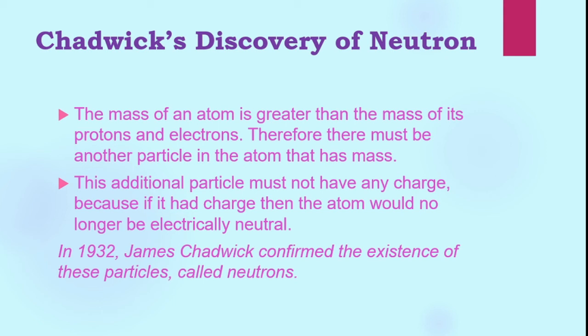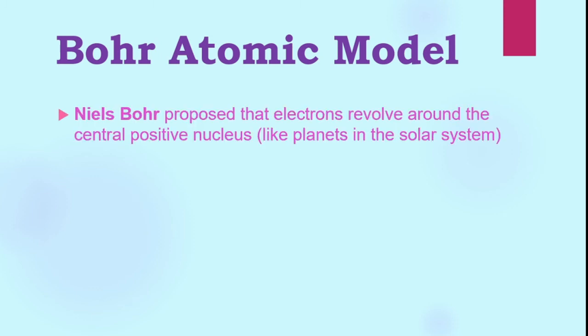Now, the next model of the atom is the Bohr atomic model. Niels Bohr proposed that electrons revolve around the central positive nucleus like planets in the solar system. The planets move around the sun by gravitational force.